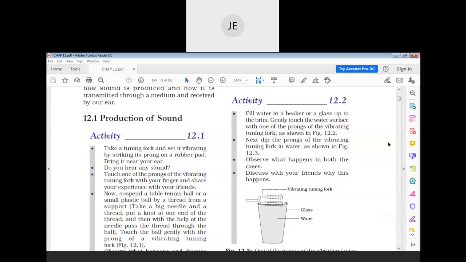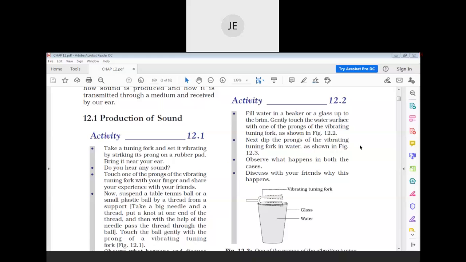Next, dip the prongs of the vibrating tuning fork in water. Observe what happens in both cases.